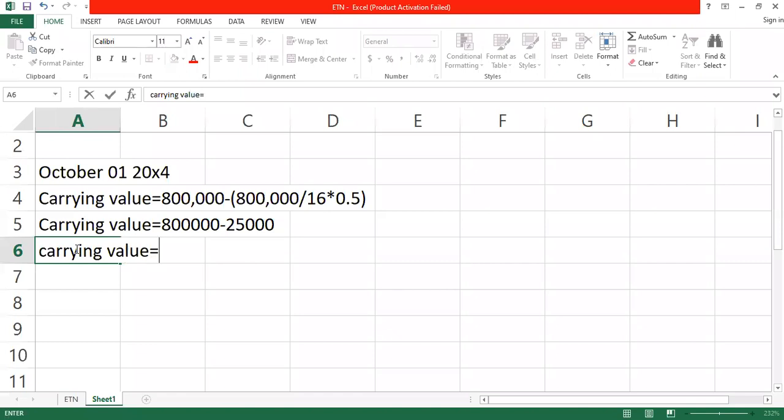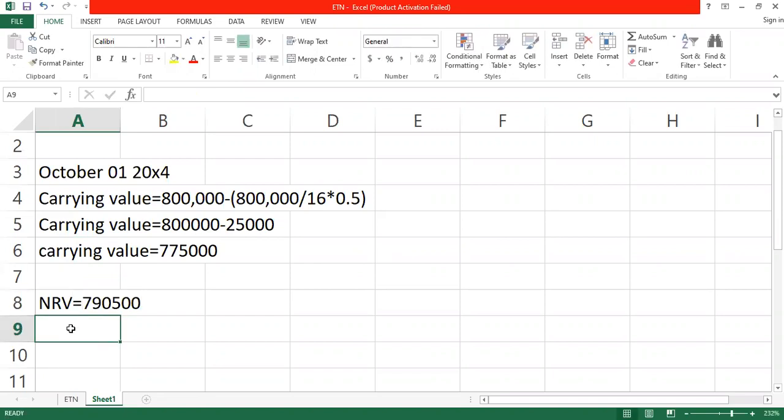Carrying value of 775,000. All right. What is the net realizable value given to us? 790,500. Okay, so what is happening? Is the carrying value higher than the net realizable value? No. The net realizable value is higher.